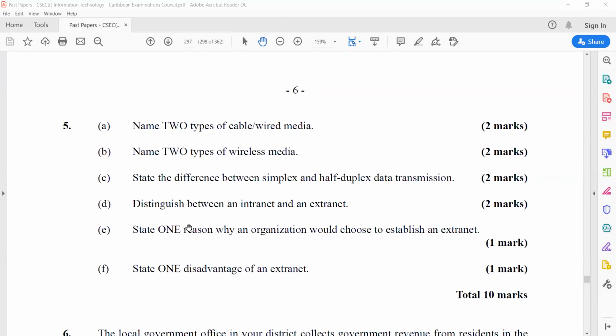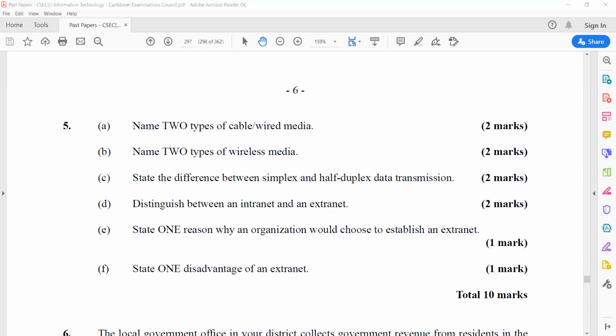Now, distinguish between an intranet and an extranet. Anyone willing to discuss an intranet and an extranet?